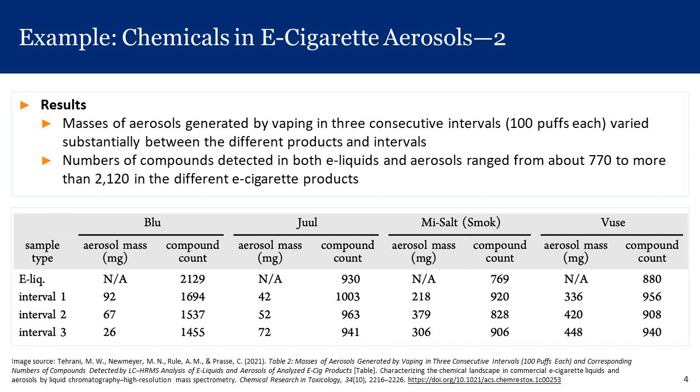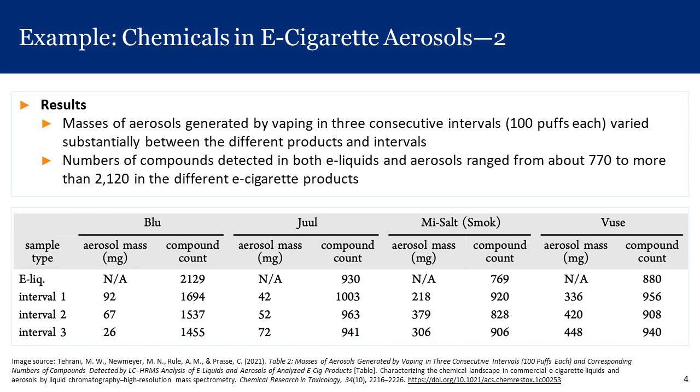And what you can see here in this table is that, first of all, the masses of aerosols that were generated differed substantially. But most importantly, especially in the context of this lecture, we saw using high-resolution mass spectrometry, we were able to detect large numbers ranging from about 770 to more than 2,000 different compounds in these e-cigarette products.